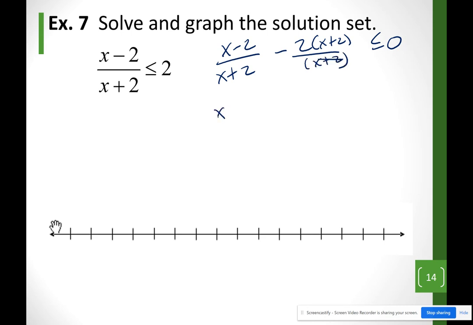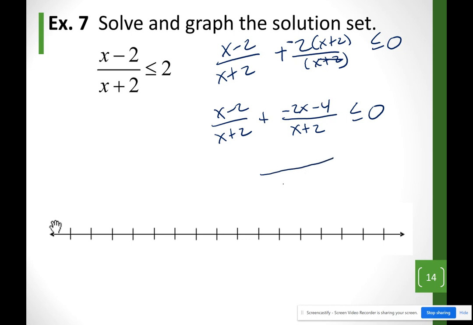So I have x minus 2 over x plus 2, and the negative goes with the 2. I have an x plus 2 at the bottom. So on the second fraction, let me distribute the negative 2. That gives me negative 2x minus 4.